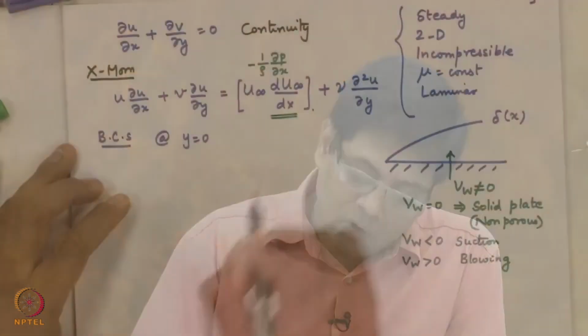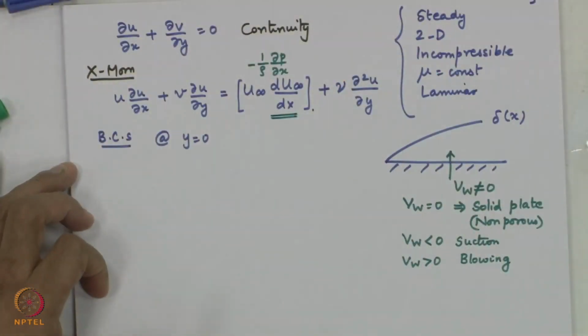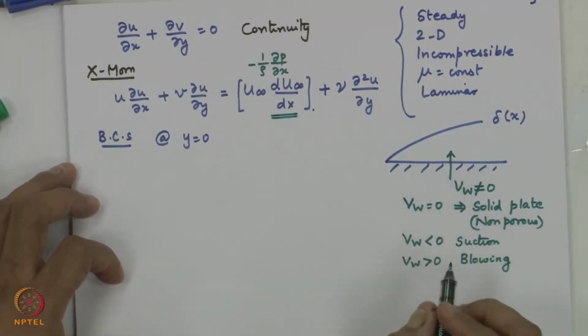If I make it for a flat plate specifically, then I cannot use this integral equation for flow around a cylinder where u infinity could be changing. Or if I want to use the momentum equation for a porous wall problem, I will have to rederive this. So, this derivation takes care of u infinity not equal to constant, given by the du infinity by dx term being there, and Vw not equal to 0.